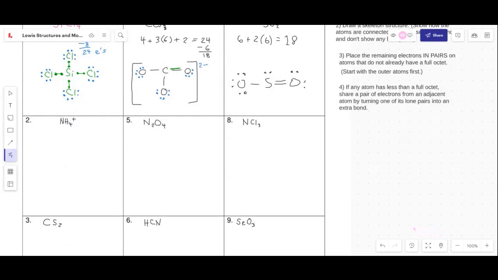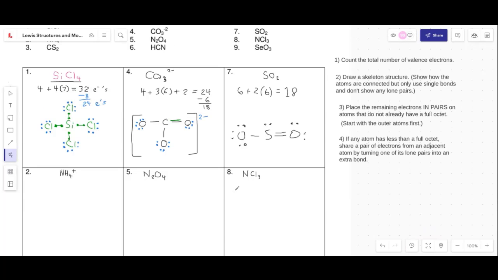Oh, before we do that, let's talk about resonance. Even though you chose to share the electrons from the oxygen on the right, could you have shared the electrons from the oxygen on the left instead?